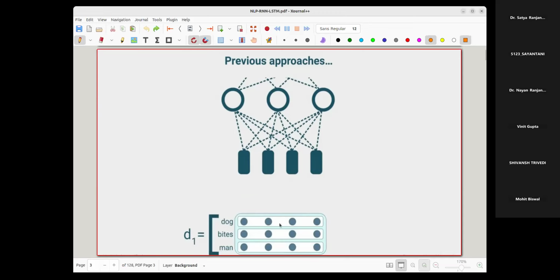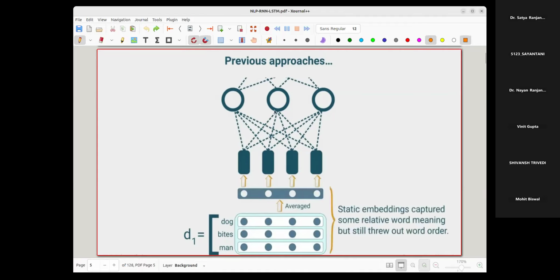Once you convert each word into a vector, these word vectors are averaged, and one final averaged vector is created. This averaged vector represents the document, and it is fed to the neural network to produce some kind of output. So in static embedding, it captures some relative word meaning.